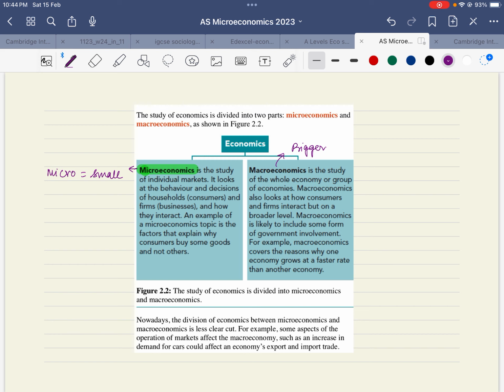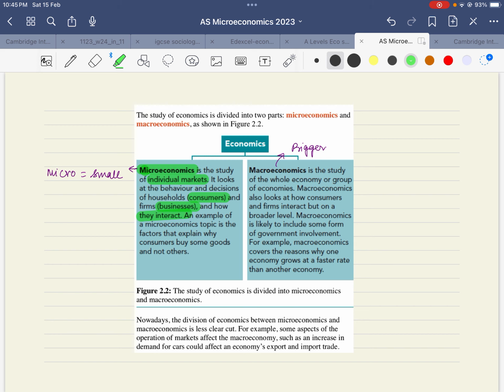What is microeconomics? Study of individual markets, looks at the behavior and decisions of consumers, businesses, and how they interact with each other. An example of microeconomics topic is factors that explain why consumers buy some goods and not others.